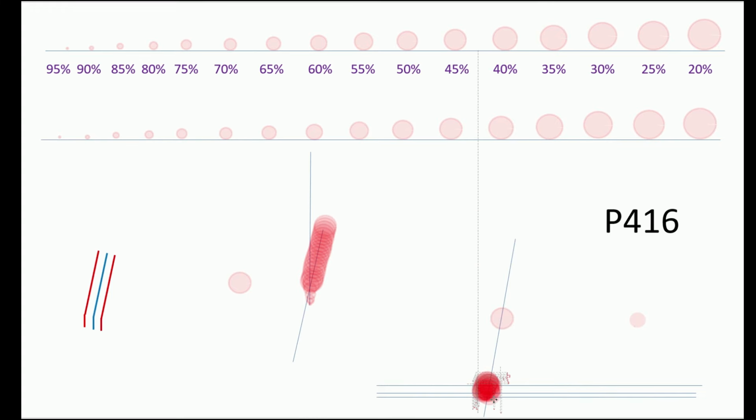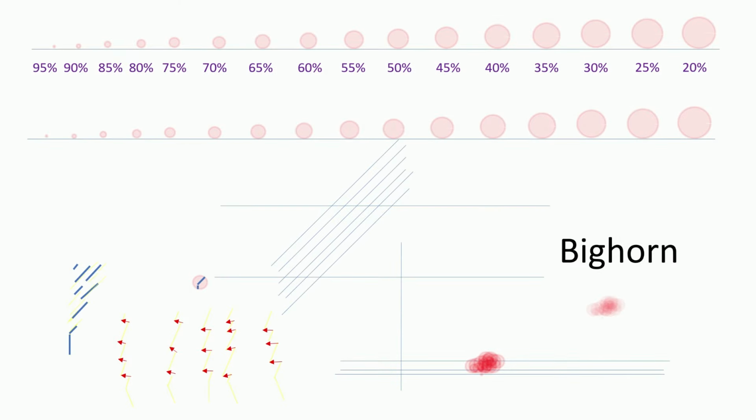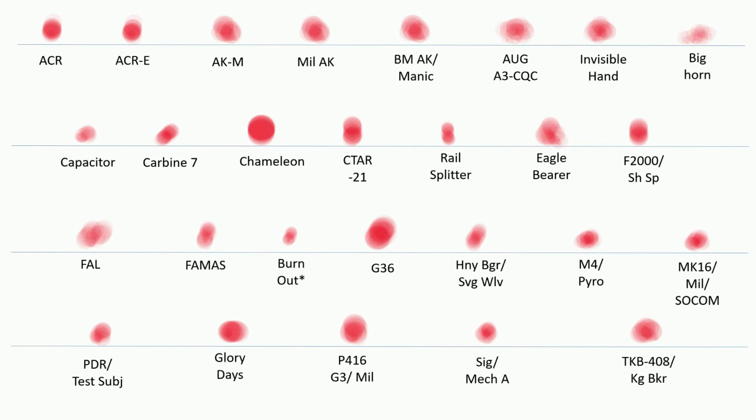I did that for the entire magazine to produce the cloud for every single weapon. I even managed to get an accurate profile for the Bighorn using 5 of its different weapon paths. And this is what it ends up looking like.